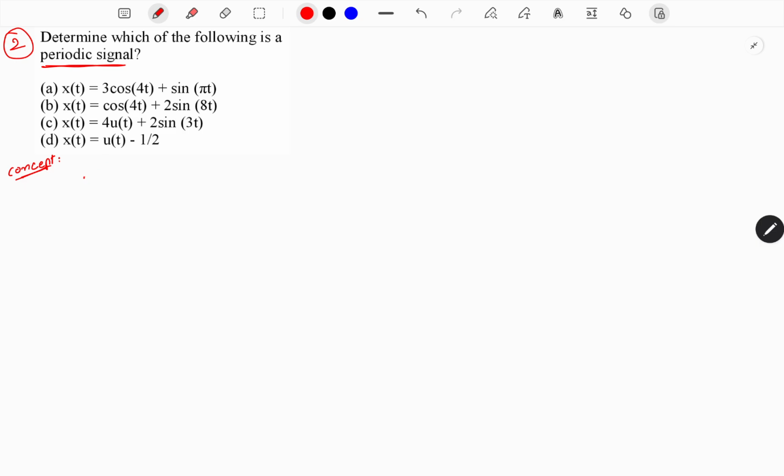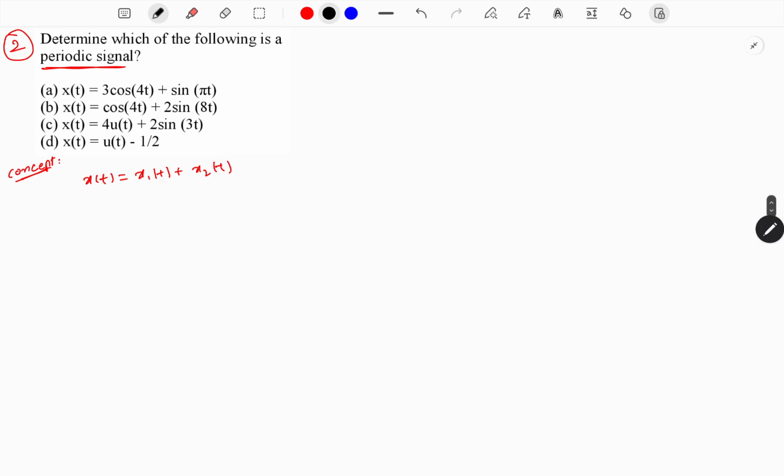If x of t is given as a combination of two signals, x1 of t plus x2 of t, then we need to find the individual angular frequencies. For x1 of t, the angular frequency is omega 1, and for x2 of t, the angular frequency is omega 2.